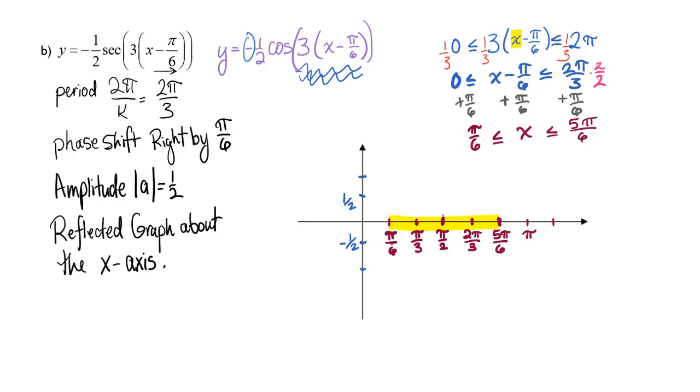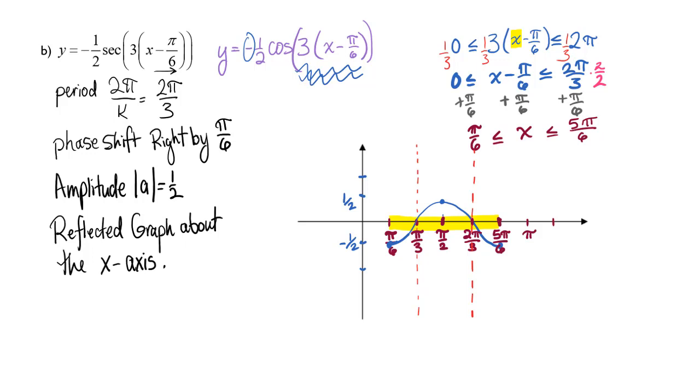Now I'm going to sketch the negative cosine of it, which will go from a low number, a minimum, through pi over 3 to a maximum at pi over 2 of 1/2, and then it's going to go down again, cross at 2 pi over 3, and get to a minimum at 5 pi over 6. Now, because of that, I can identify where my vertical asymptotes will be on the reciprocal function, which is at pi over 3 and 2 pi over 3.